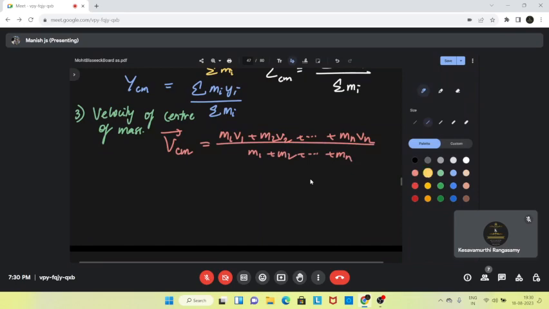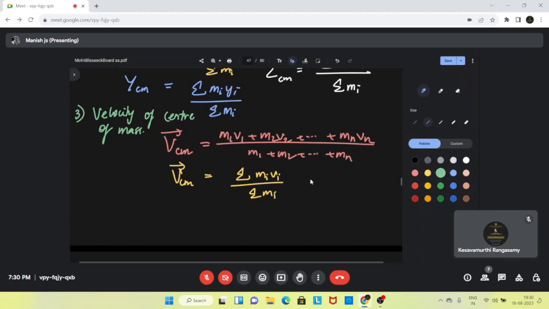So we are generalizing. Again the same logic, instead of distance here I am representing velocity. That is the only change that we are making. So the velocity of the center of mass of n particles can be represented using the summation sigma mi vi upon sigma mi.